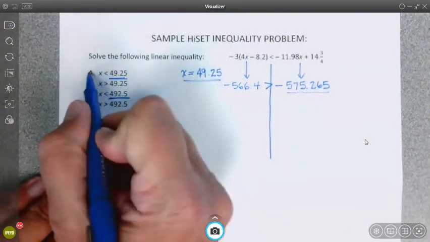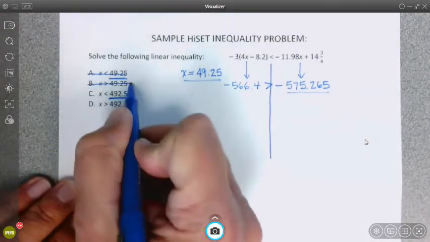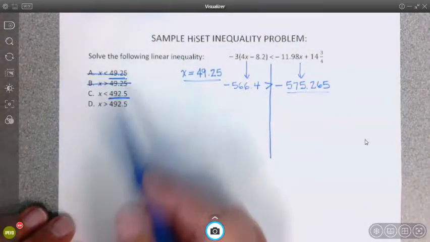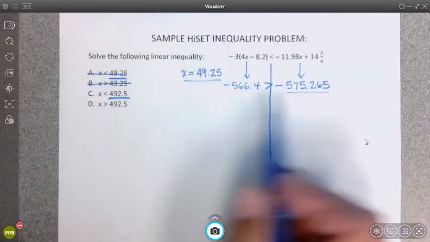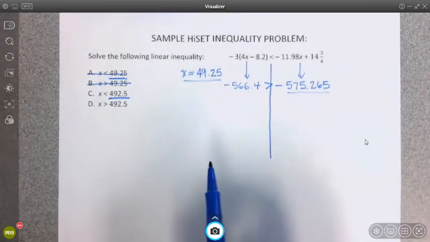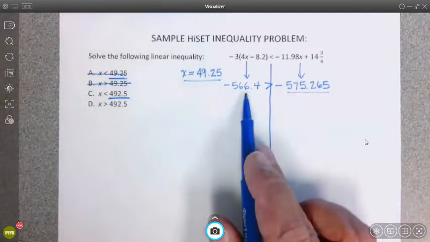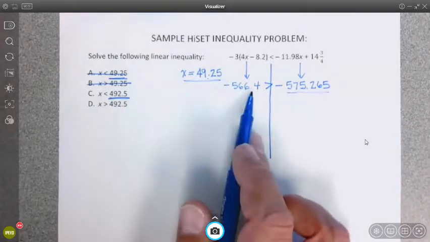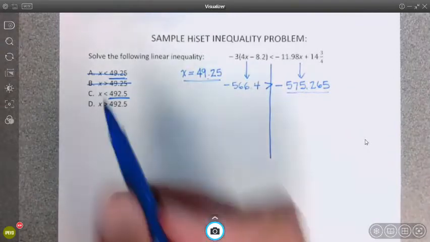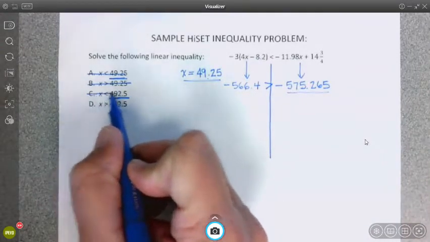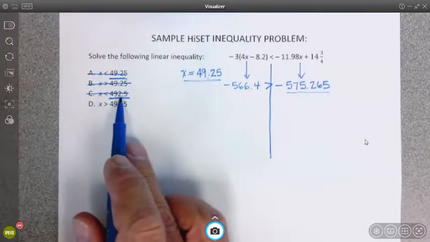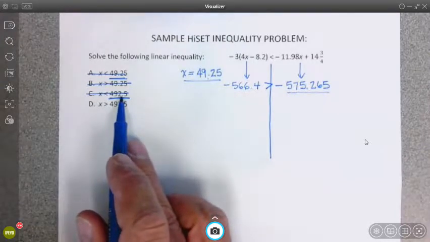We've just learned a lot of valuable information. First of all, we know that these two answers cannot be correct, because if 49 and 25/100ths was the boundary value, I should have gotten an equality here, and I did not. Also, at this point, I know that 49 and 25/100ths did not satisfy this inequality, so therefore C cannot be correct, because 49 and 25/100ths is less than 492 and 5/10ths.